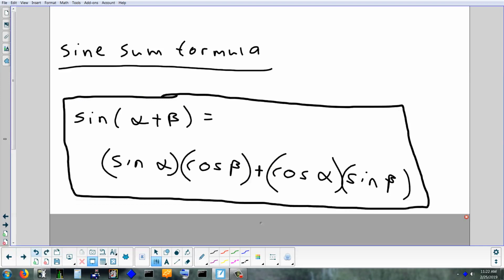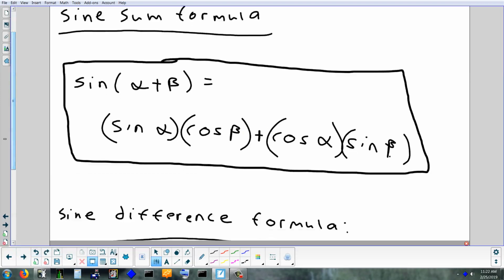Now, it's one of each. Sine, cosine, cosine, sine. But it's still first, second, first, second. Okay, so that's the sine sum formula. So you could do a problem like the sine of 75. Just write it as sine of 30 plus 45 and then just go through it.